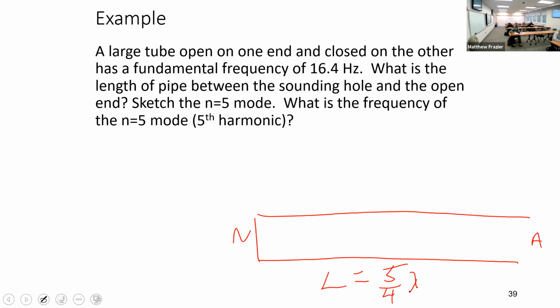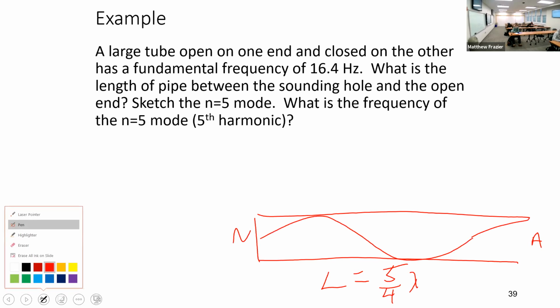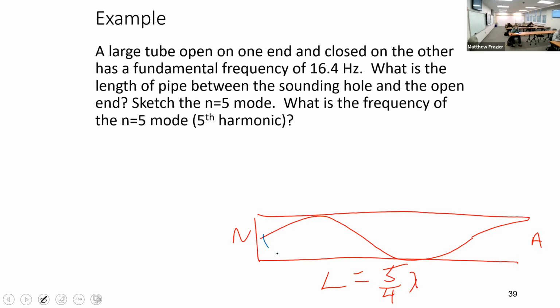So we need to sketch in a wavelength and then an extra quarter wavelength. There's our wavelength, and then there's our quarter, in blue. So there's our 5/4 of a wave.